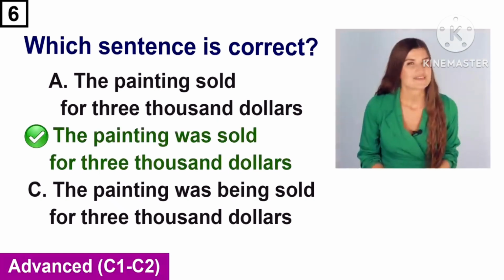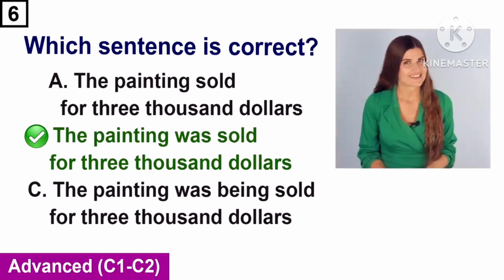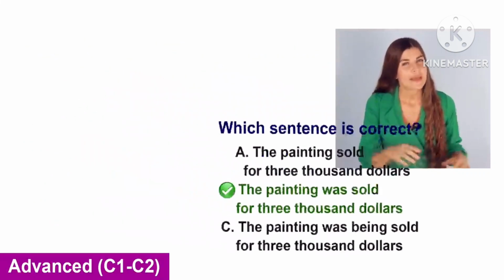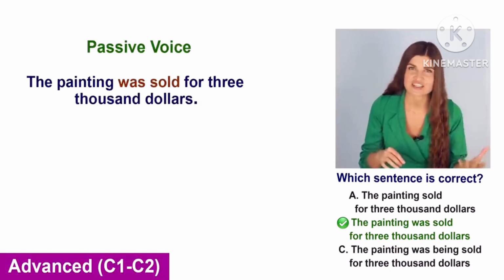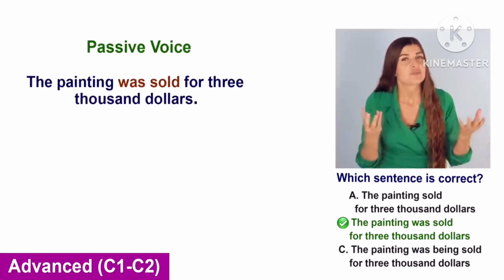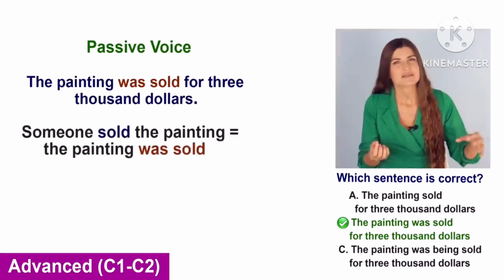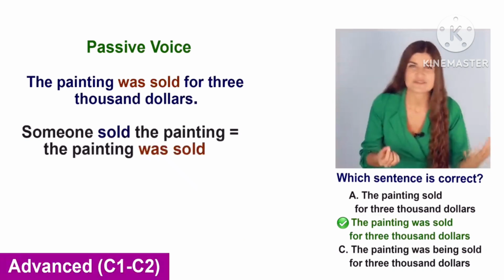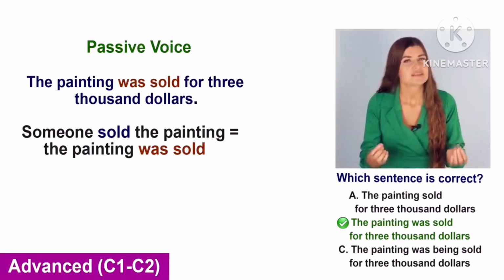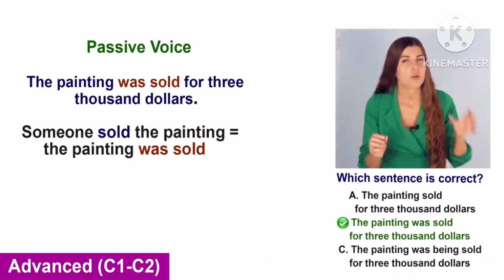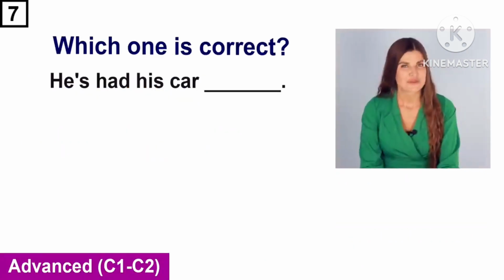The painting was sold for $3,000 is correct. The passive voice is used when we want to emphasize the action and the subject is not important. Was being sold is a passive continuous form, but we don't have any marker words here, so the answer is B. Was sold.